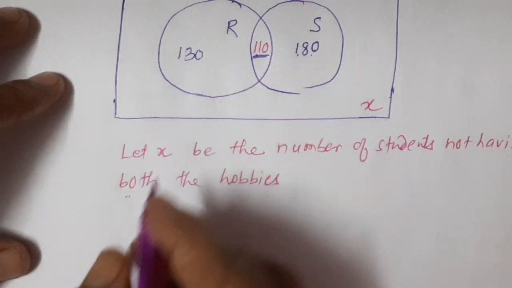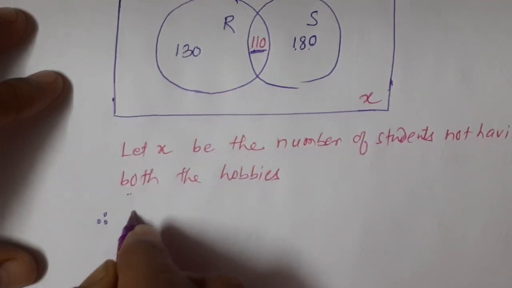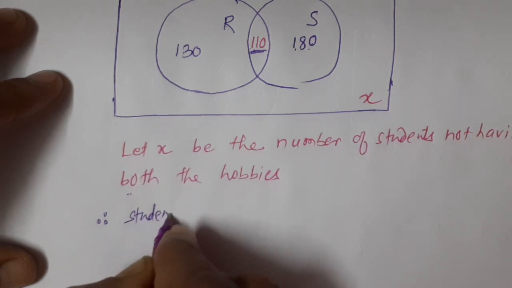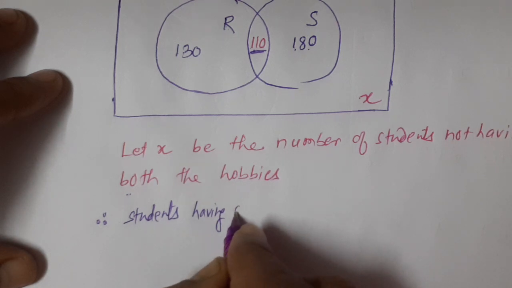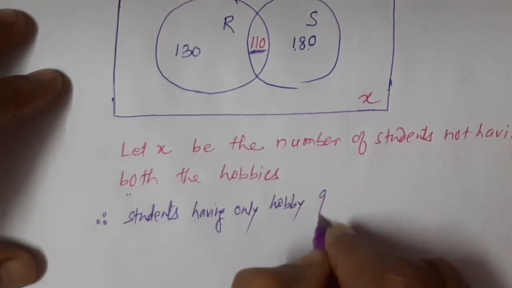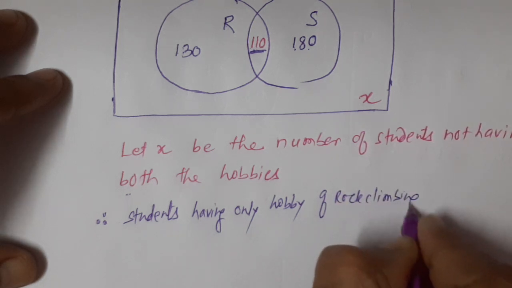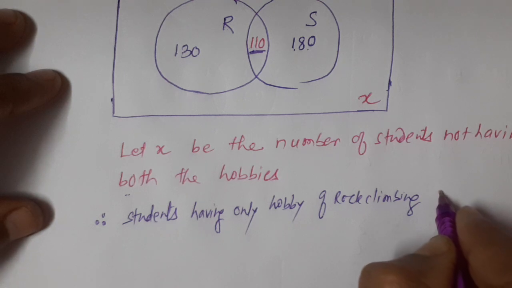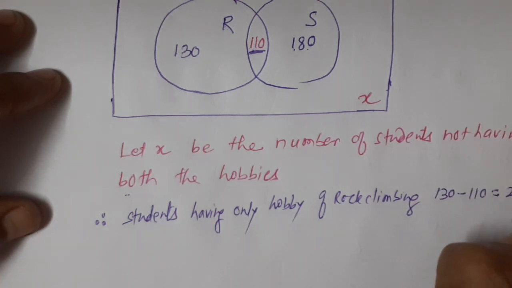Now the students having only the hobby of rock climbing can be calculated as 130 minus 110, which comes to 20.